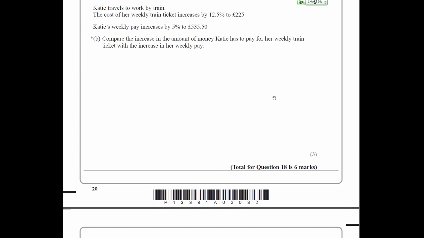Cost of her weekly train ticket increases by 12.5% to 225. Increase. So this is about the ticket. Weekly pay increases by 5%.